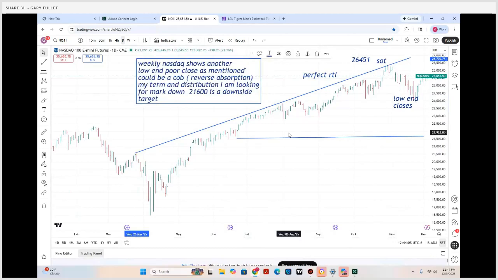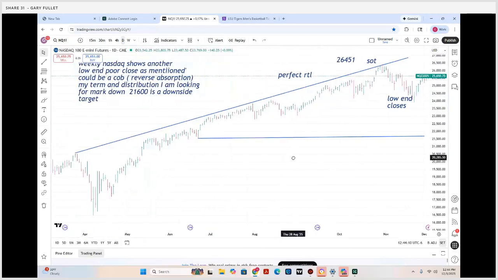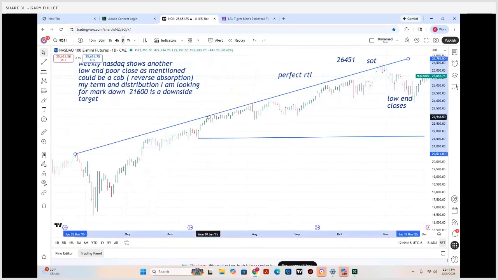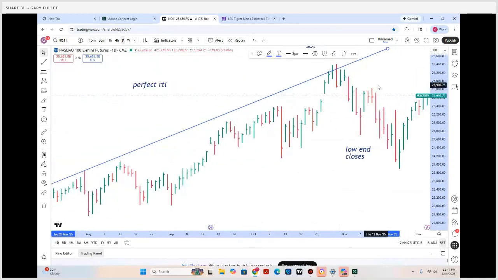That's the high of the NASDAQ. Take this reaction high, let me pull this down over here. You connect those highs. Look what happens. This is a reactionary high. This is a reactionary high. And look what happens.